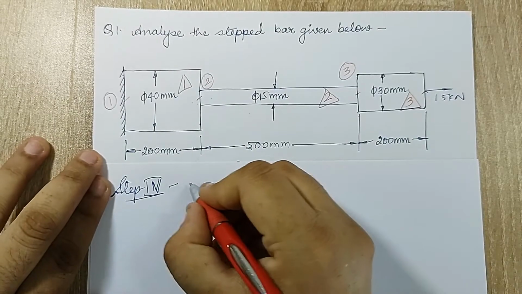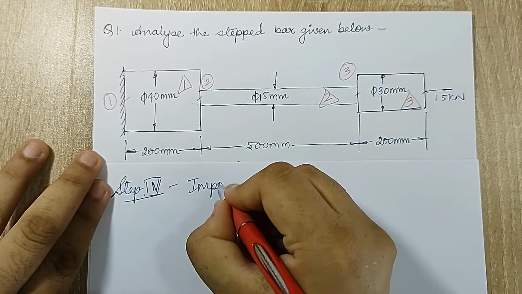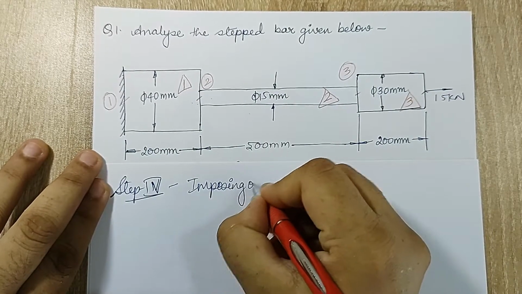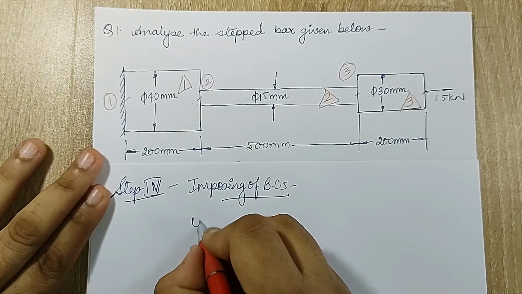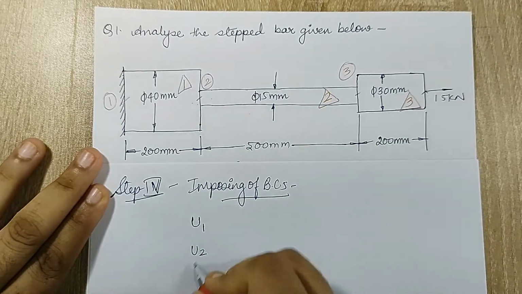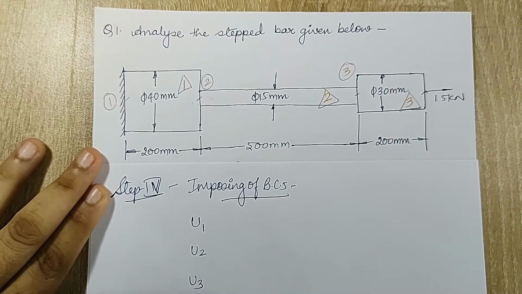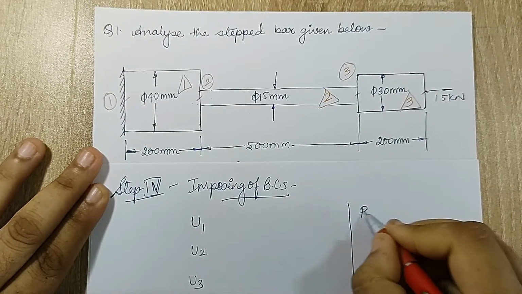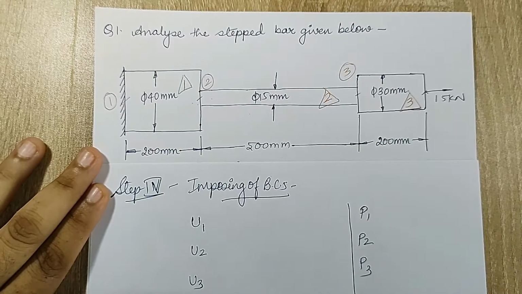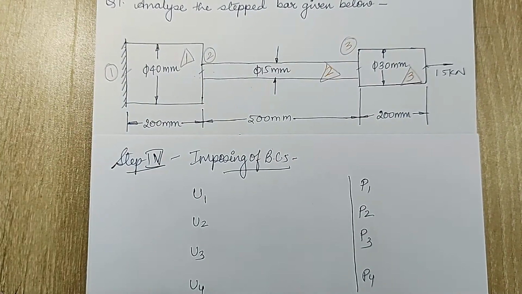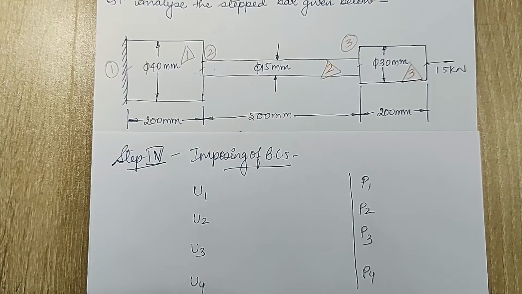Now comes my step 4, that is imposing of boundary conditions. If you observe, I have variables like U1, U2, U3, U4 and load values like P1, P2, P3 and P4. Now it is very important to understand the diagram given to me.